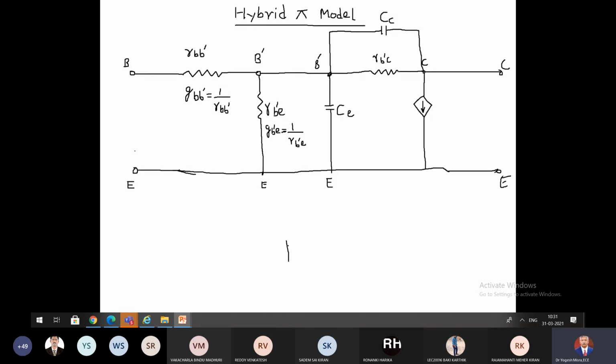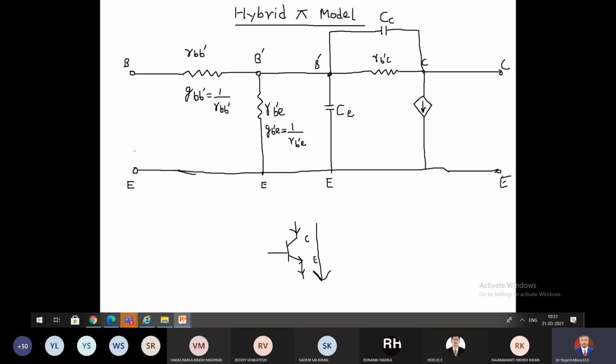If you recall, this is your emitter, this is collector, and see this direction of current, here C and here E. There is a flow of current from collector to emitter.